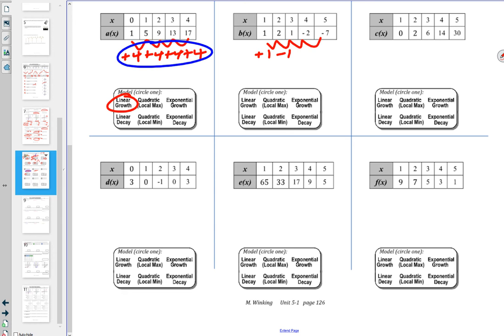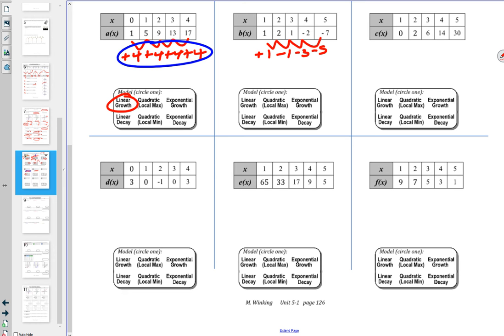What is -2 minus 1? -3. What's -7 minus -2? It should be -5. To go from -2 to -7, you go 5 down. If you wanted to prove that something was quadratic, what should be common is the second difference. You take the difference of the difference, and that's what ends up being common.